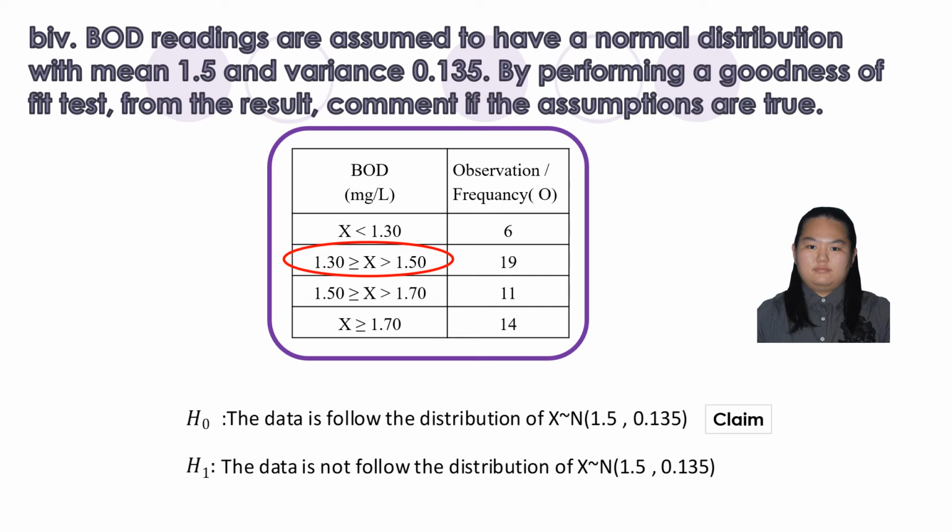This is the hypothesis test. The null hypothesis is that the data follow the normal distribution with mean 1.5 and variance 0.135, which is the claim of the calculation. The alternative hypothesis is that the data do not follow the distribution.